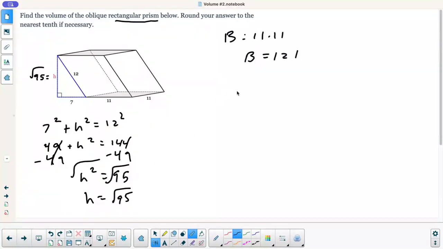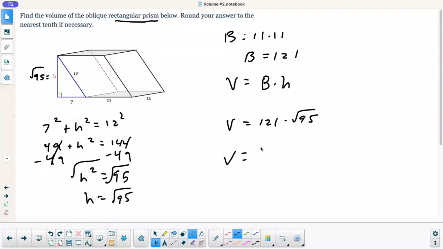So volume equals area of the base times the height. So I'm going to use the 121, and then I'm just going to put the square root of 95 in there. If it wanted me to leave it as an exact answer, I would make sure no perfect squares come in there. I could actually leave it like this if I wanted it exact.